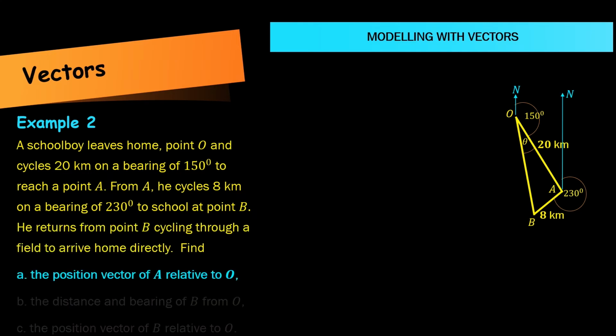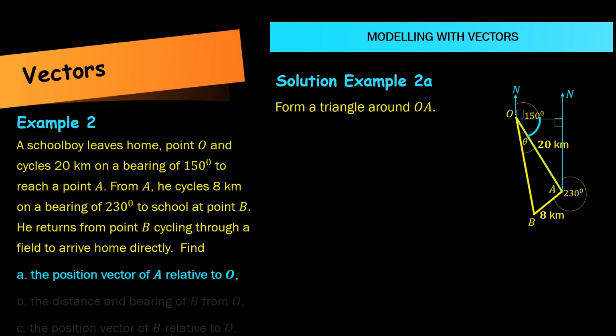In 2 Part A, we are required to find the position vector of A relative to O. So let's solve this. First, form a triangle around OA, as shown. We've positioned this separately so that we can do our calculations on this triangle.